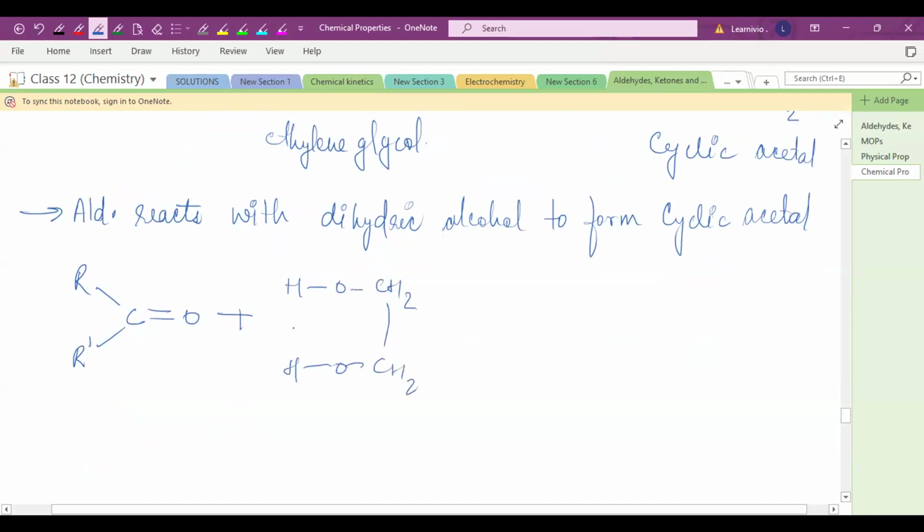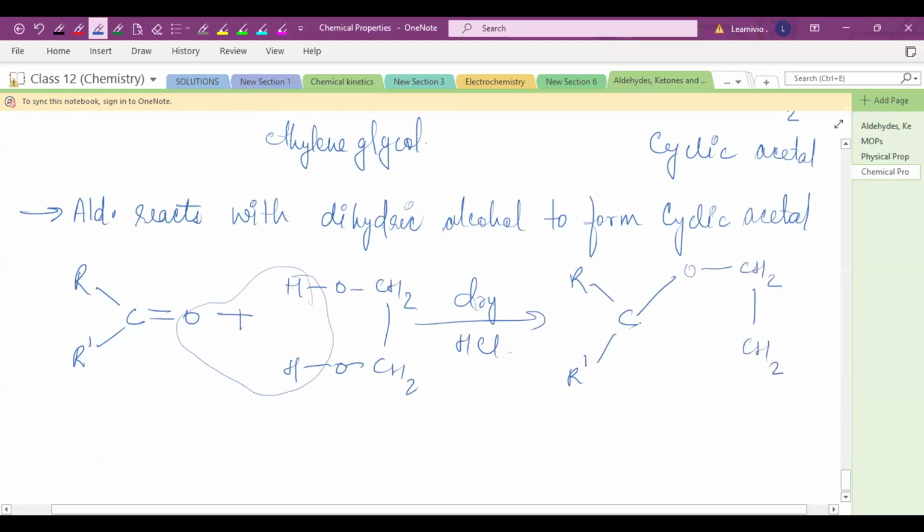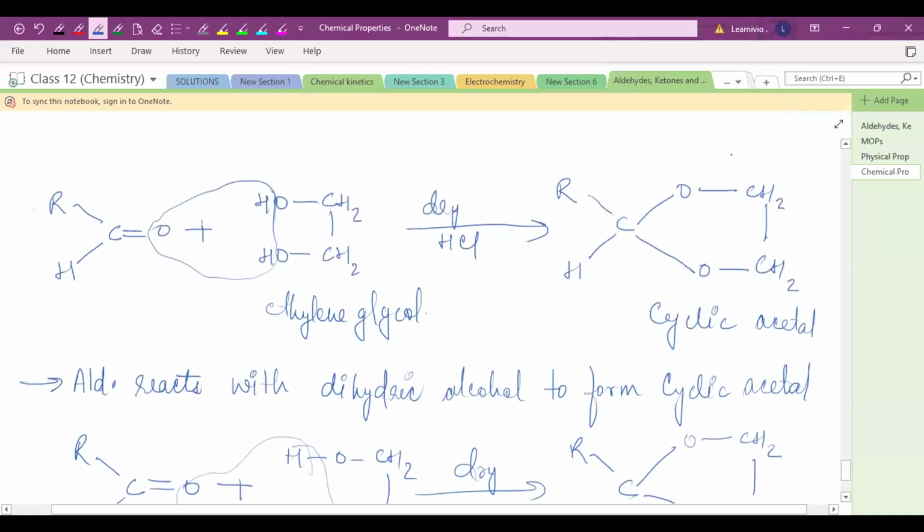What you're supposed to do, 2 hydrogens and this 1 oxygen will be removed, in the presence of dry HCl. Water will be removed, and how you will write the product: R dash, and you have to show the attachment. This carbon and this oxygen will get attached, and it will form a cyclic type of structure. Now the name will change. The cyclic acetal has been derived from the aldehyde, so that's why it has been named as a cyclic acetal, right?